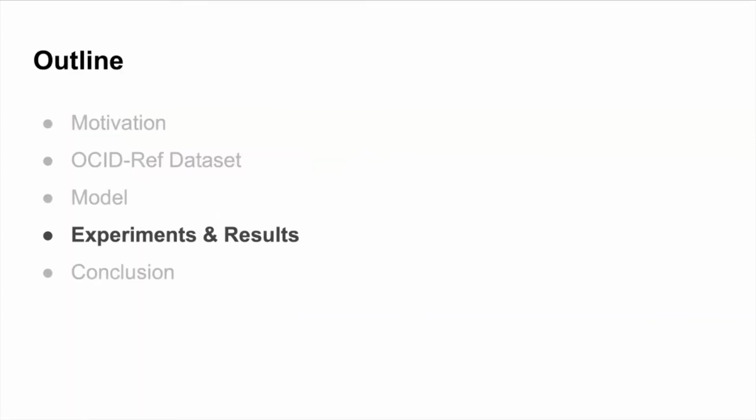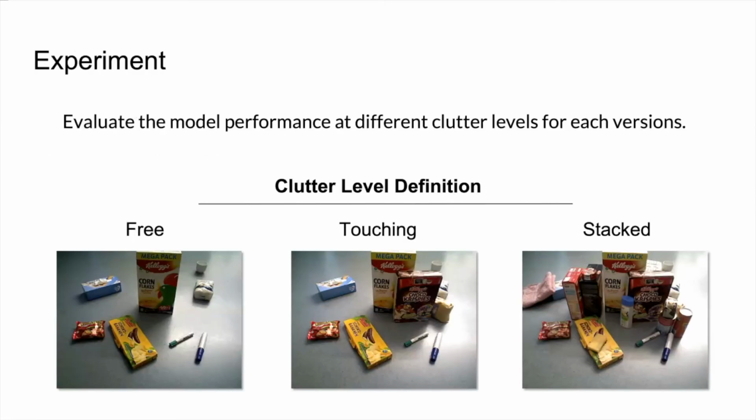Next, we will present the experiments and results. To evaluate the model performance in different clutter levels for each version, we follow OCID to separate the scenes into 3 clutter levels: free, touching, and stack, which means clearly separated, physically touching, and being on top of each other.